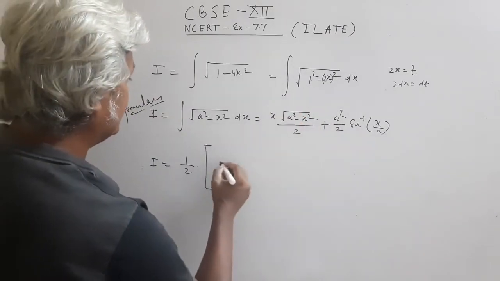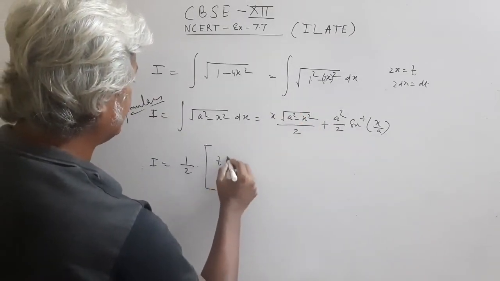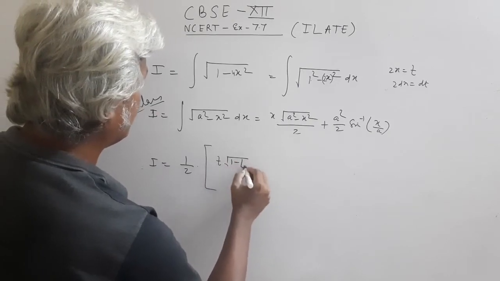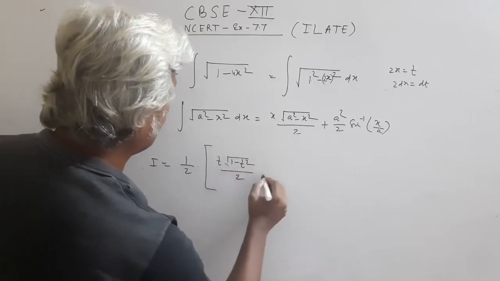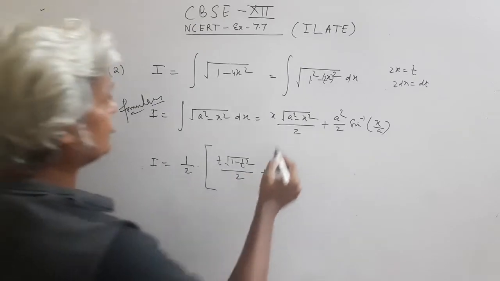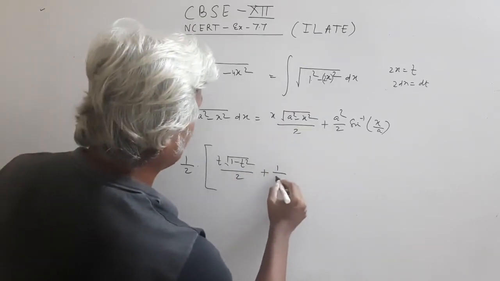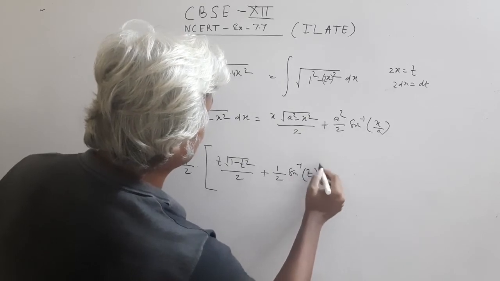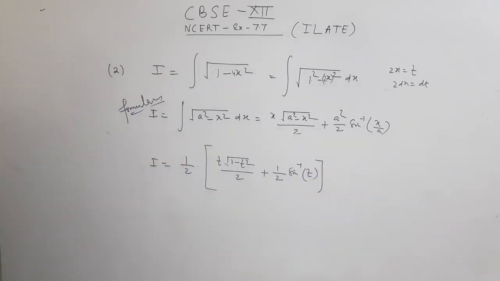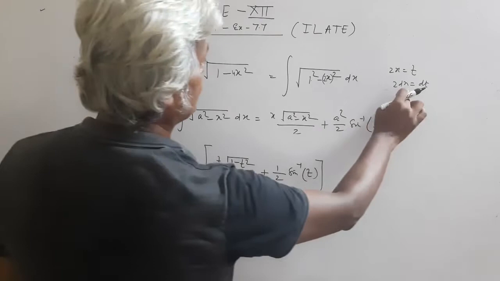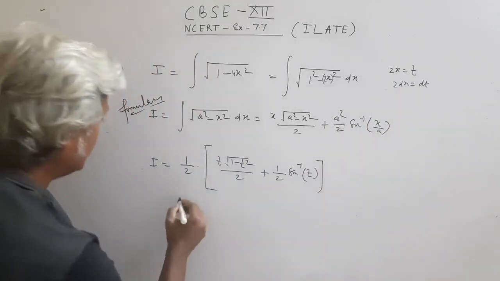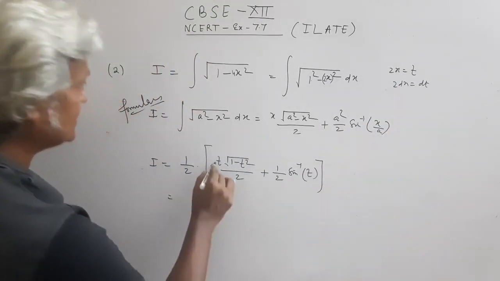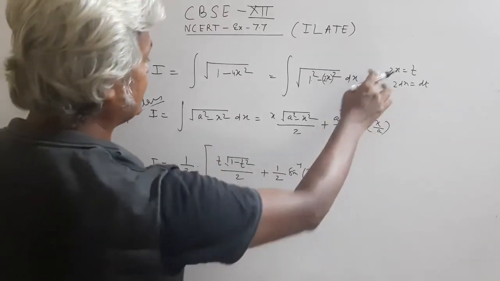Then what you get? You get t under root 1 minus t square over 2 plus a square, that is 1. So 1 by 2 sine inverse t over 1, that is this, and this half is coming extra because of this dx is dt by 2. Now just multiply this and at the same time replace the value of t as 2x.